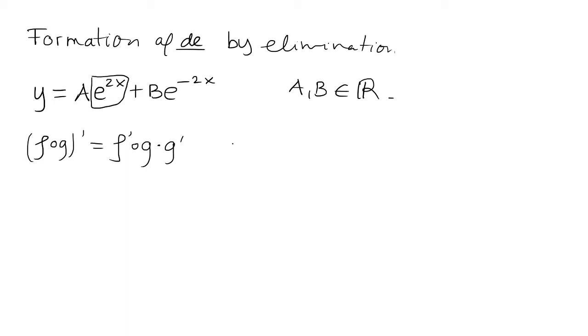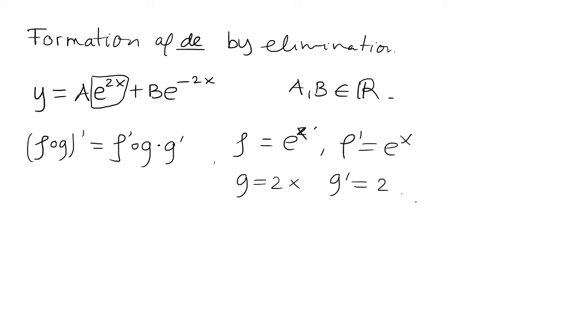We have f equals e to the power of x, the outer function, and if we differentiate that, we simply get e to the power of x. That is one of the properties of Euler's number. g equals 2x, so if we differentiate g with respect to x, we simply have 2.